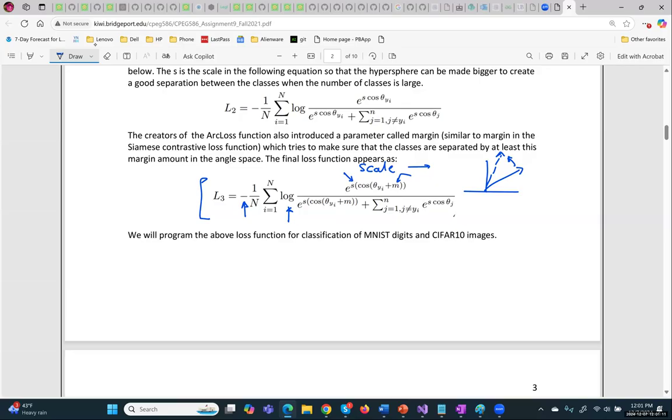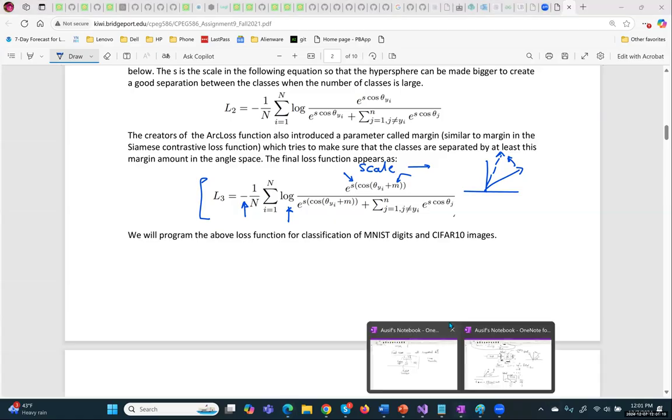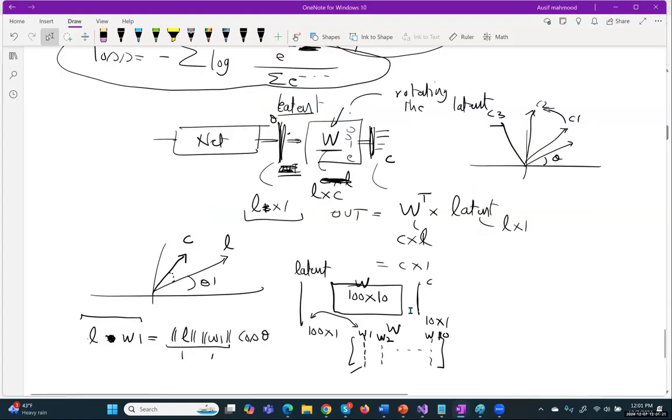Cross entropy loss, right? So if this was a normal loss function, coming back over here, what I'm trying to say is, if we were not focusing on the loss function, then the output over here is W transpose times latent, right? The normal loss, which is softmax plus cross entropy, if I write that equation, what will that look like?